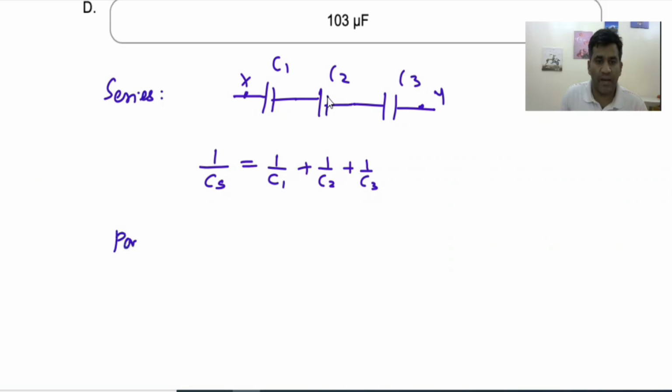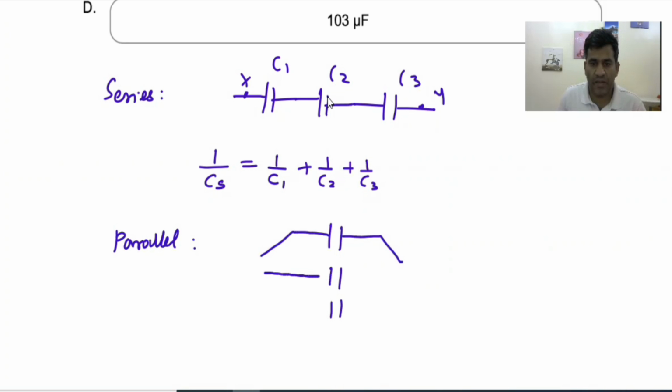And how will the parallel arrangement of the capacitors be? In a parallel arrangement, all the terminals of the capacitors are connected at one point, and the other terminals are connected at another point. This type of arrangement is called a parallel connection, arranging the capacitors in parallel.